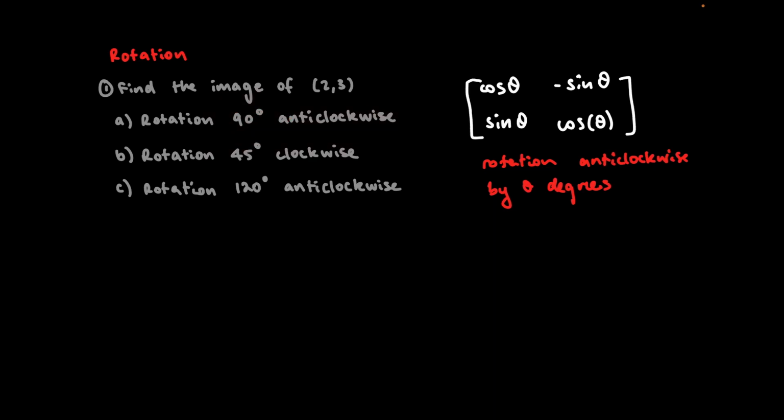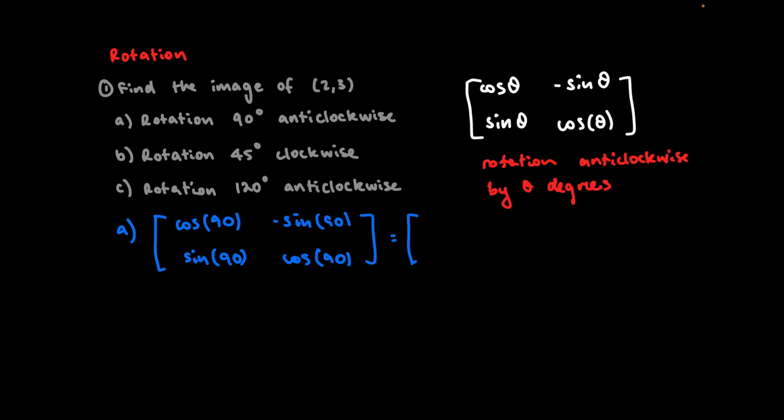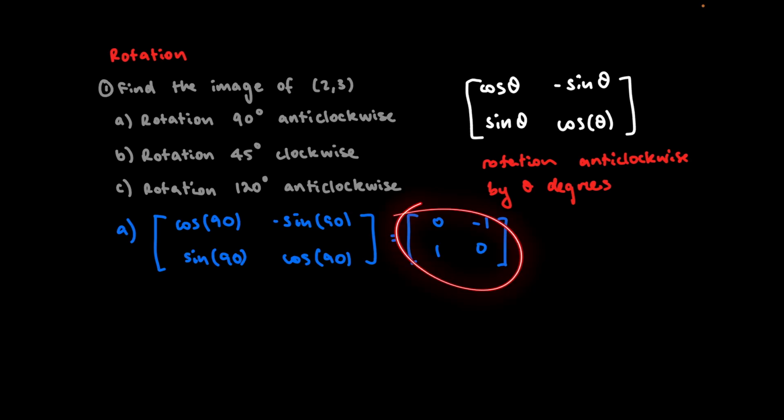Okay, so what we want to first do, we'll answer it in a different color. So for answer A, rotation 90 degrees anti-clockwise, well, let's use the matrix. The transformation matrix is cosine 90, minus sine 90, sine 90, and cos 90. So if we evaluate this, what we get is 0, -1, 1, and 0. This will cause a rotation 90 degrees anti-clockwise.